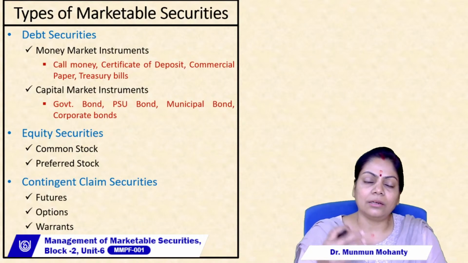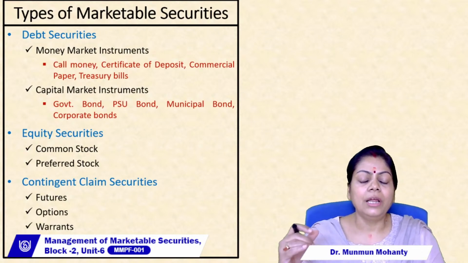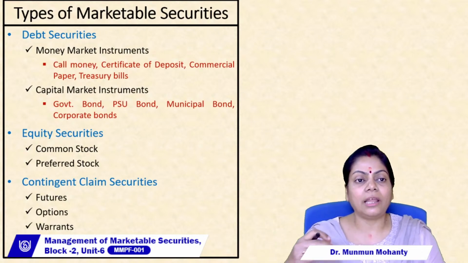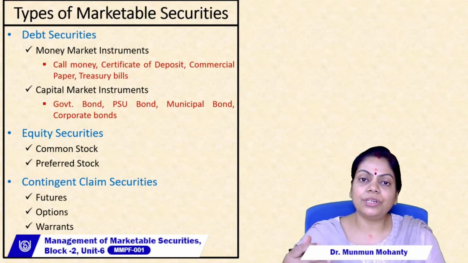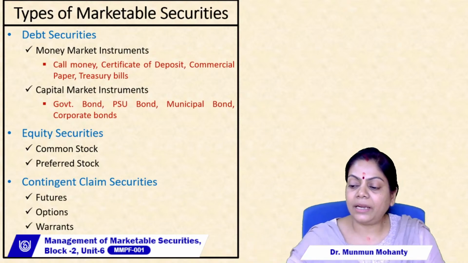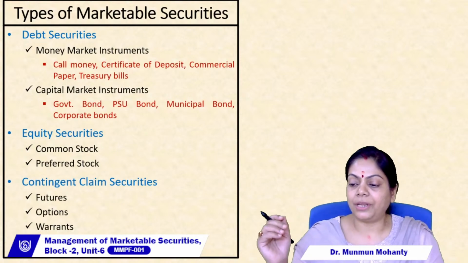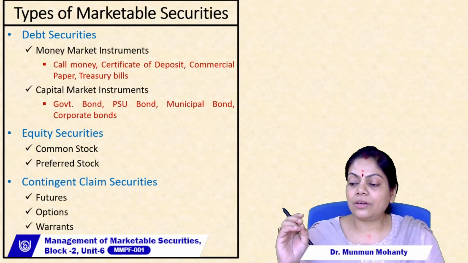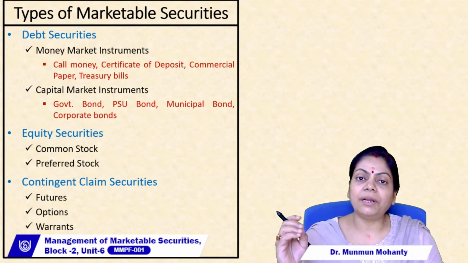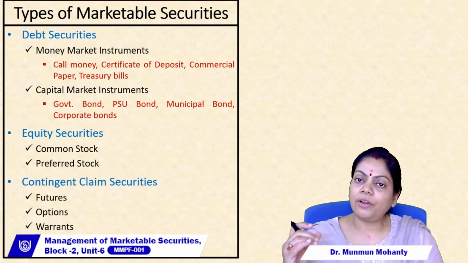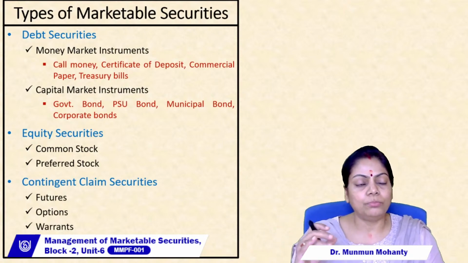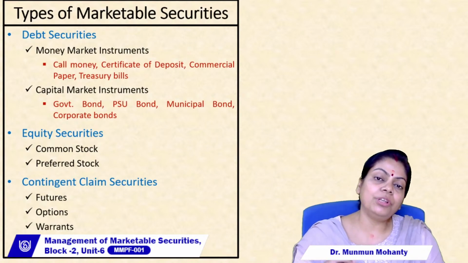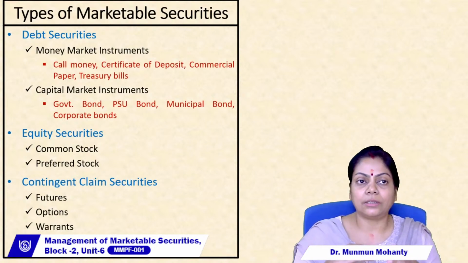Every fortnight, on the Friday of the fortnight, the CRR position is taken, and the Reserve Bank of India mandates that banks maintain the cash balance at a level of 4%.